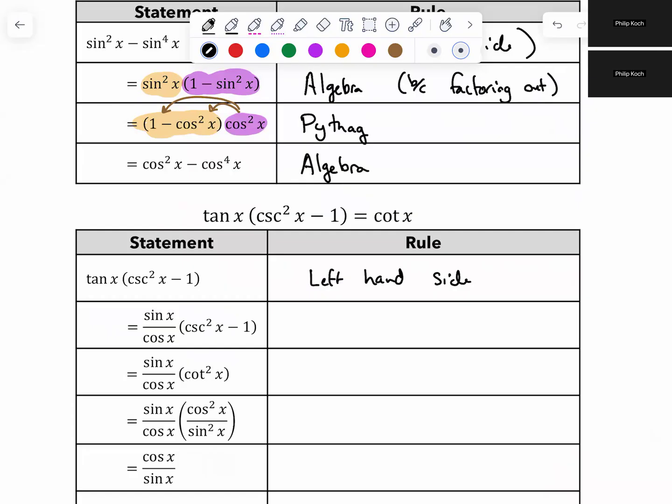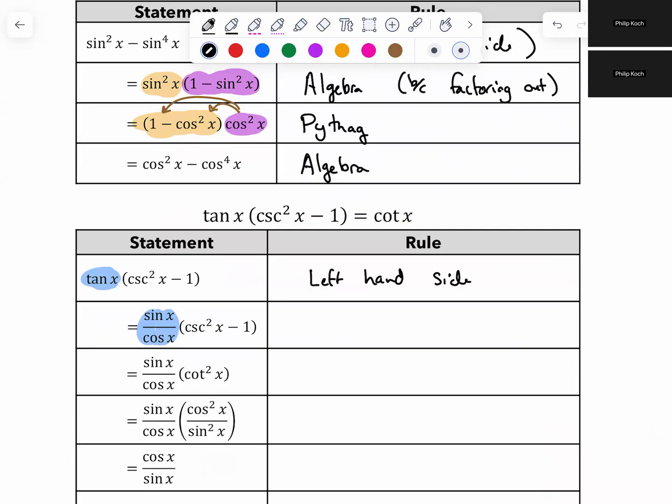Whoever wrote this proof decided to change it to sine of x over cosine of x times cosecant squared minus 1. So what do they use? The quotient identity on tangent to convert it to sine over cosine. So the tangent becomes sine of x over cosine of x.